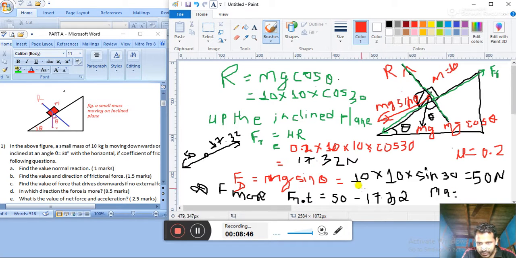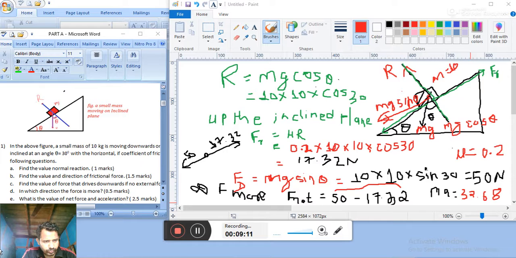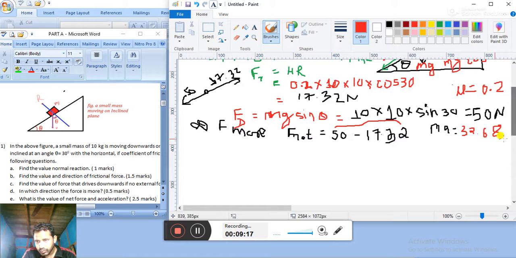Just solve this one: 50 minus 17.32 gives you 32.68, and we know that the m value is 10, so 10 into a equals 32.68.